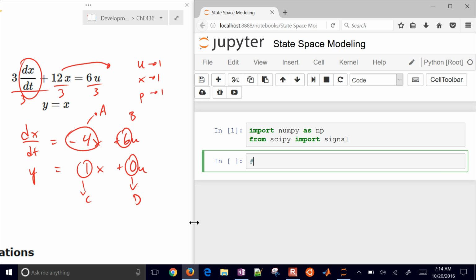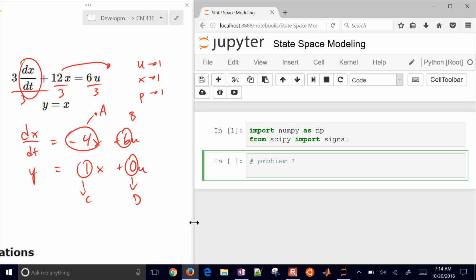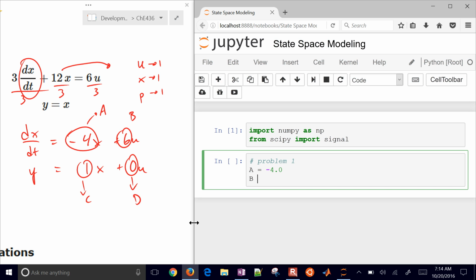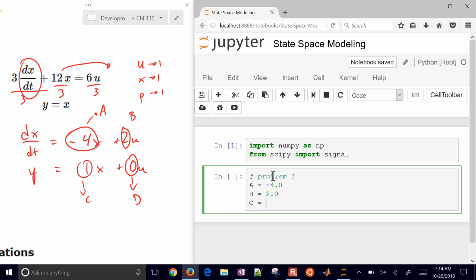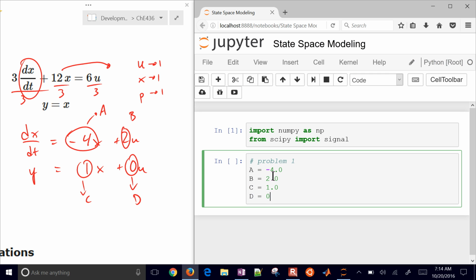So for problem 1, and we'll go through a few more of these as well, A is going to be equal to negative 4, B is going to be equal to, I put 6 there, that should have been 2. 2u, okay. This should be 2, and then C is equal to 1, and D is equal to 0.